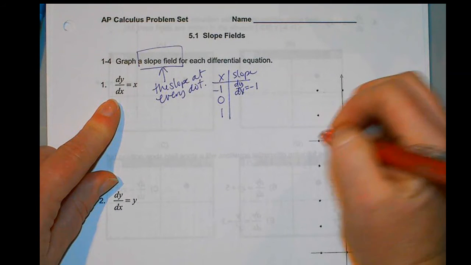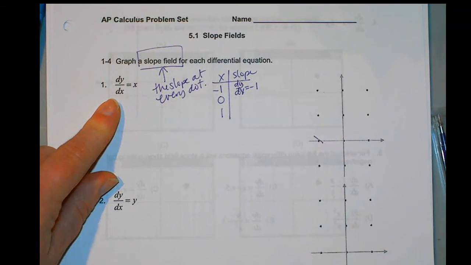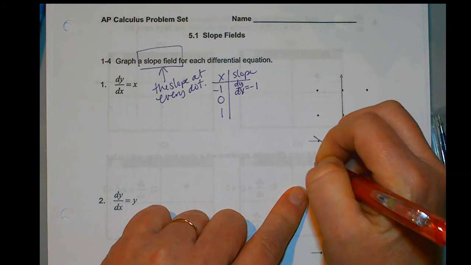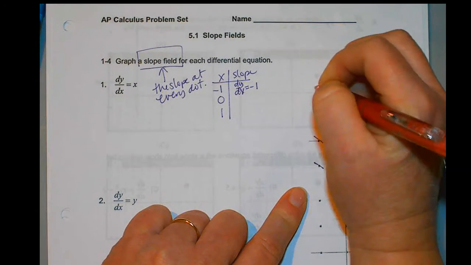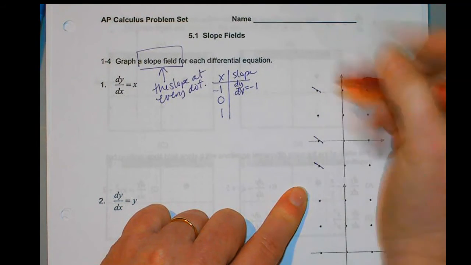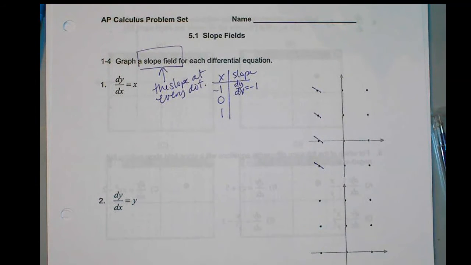At -1, it looks like this: a little tiny 45-degree angle line. That's all there is. If x is -1 but y is -1, it's still this, and it's still this, and it's still this. Those are all supposed to look the same. y was not a factor in this equation. Do you see how that is?